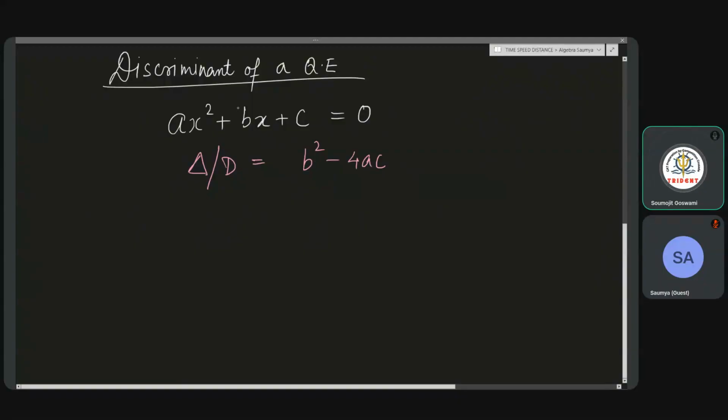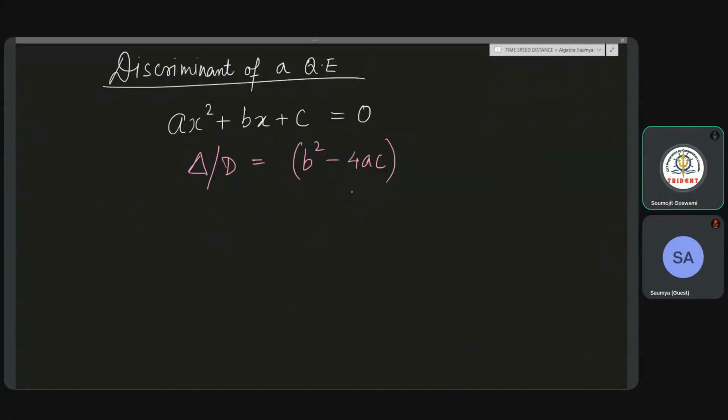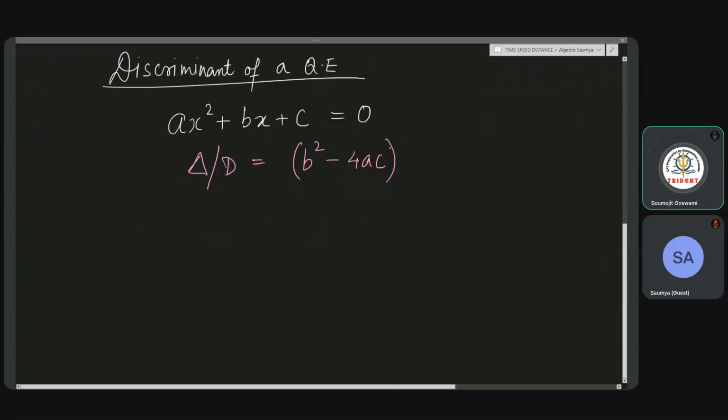This term of the quadratic equation is called the discriminant. Now, I'll explain what I mean by the nature of the discriminant in a while, but the nature of the discriminant will determine whether we get real roots or imaginary roots. Typically, the discriminant has to always be greater than or equal to 0 for us to get real roots.